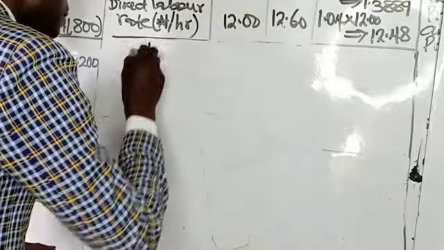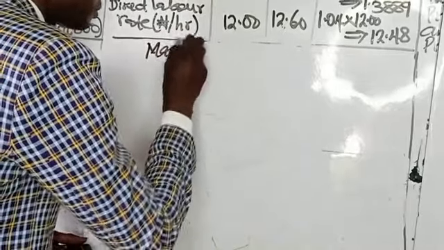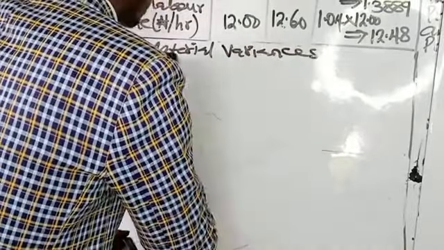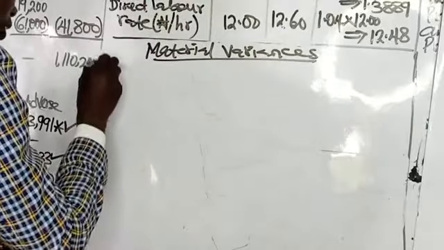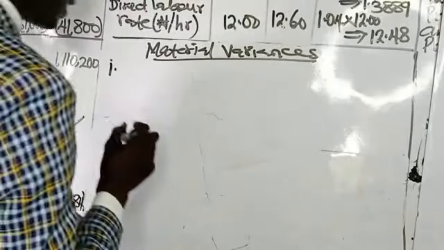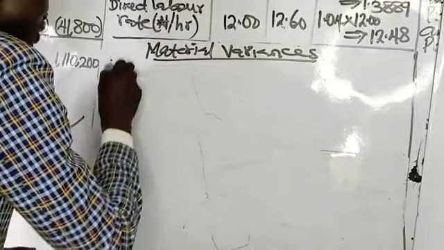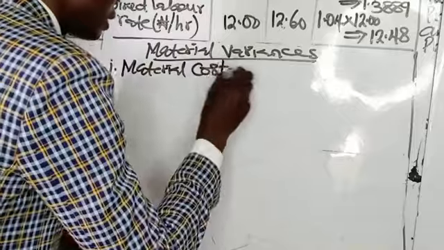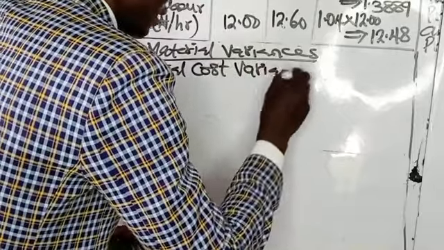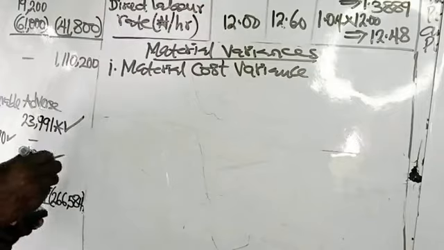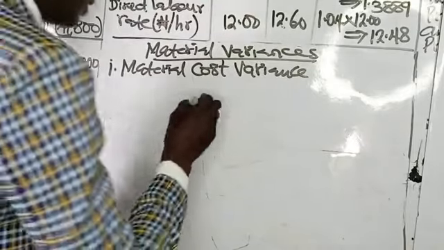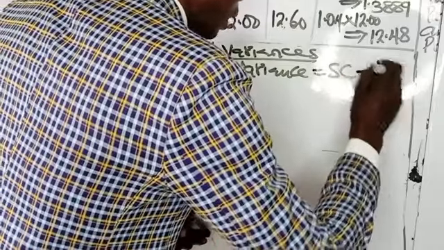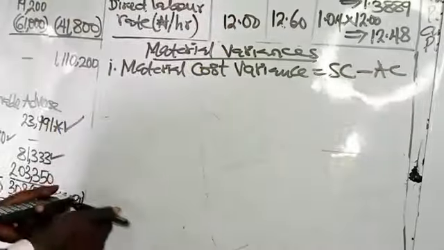So we have material variances. I've told you those variances we can compute with regards to materials include material cost variance, which is standard cost minus actual cost, standard material cost and actual material cost.